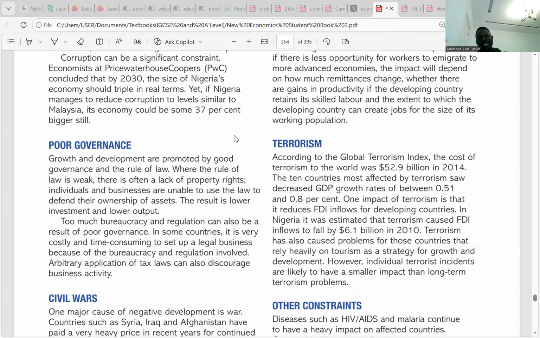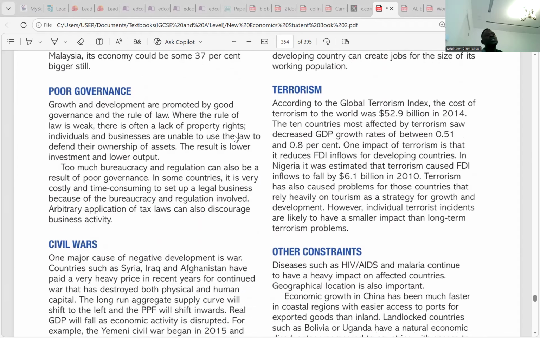Now, the next non-economic factor is terrorism. I hope Nigeria is not mentioned there. Oh, it's mentioned again. According to the Global Terrorism Index, the cost of terrorism to the world was 52.9 billion in 2014. The 10 countries most affected by terrorism saw decreased GDP growth rates by between 0.51 and 0.8%.